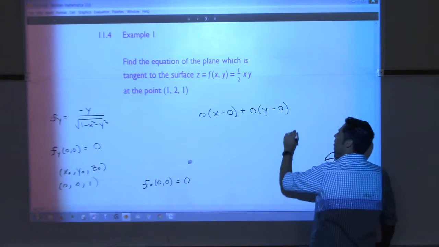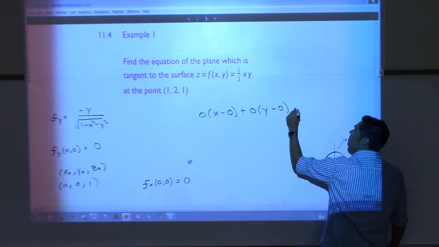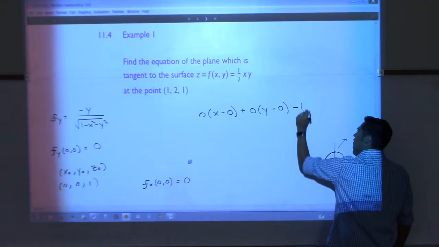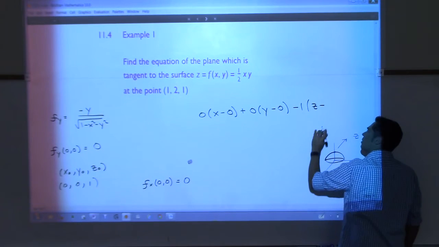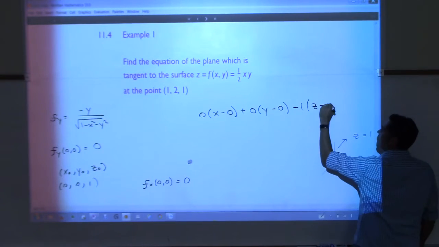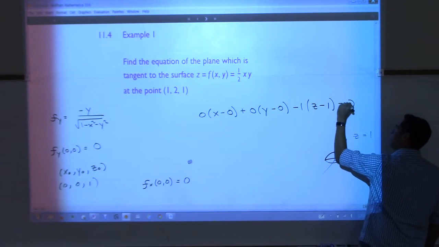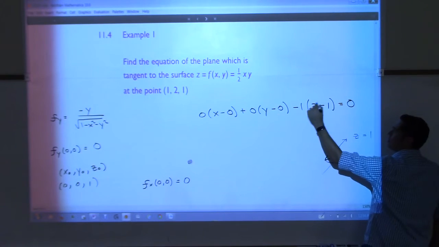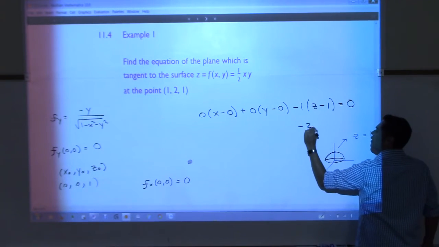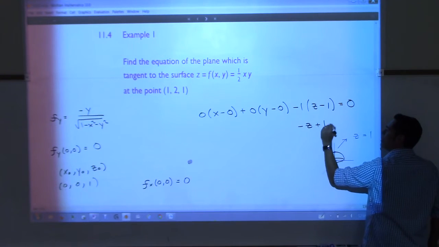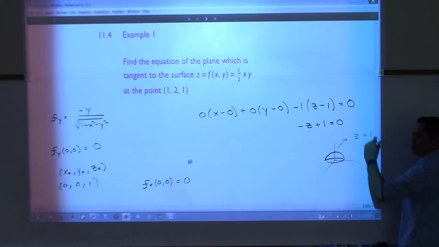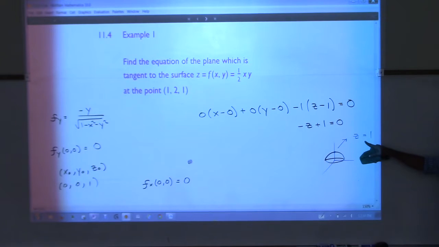This is very boring. Okay, plus, but no, the formula says what? Negative 1 always, and then z minus 1, because z naught was 1, and that must equal 0. And then when you distribute this through, you get negative z plus 1 equals 0, and if you move the z to the other side, you get z is equal to 1.